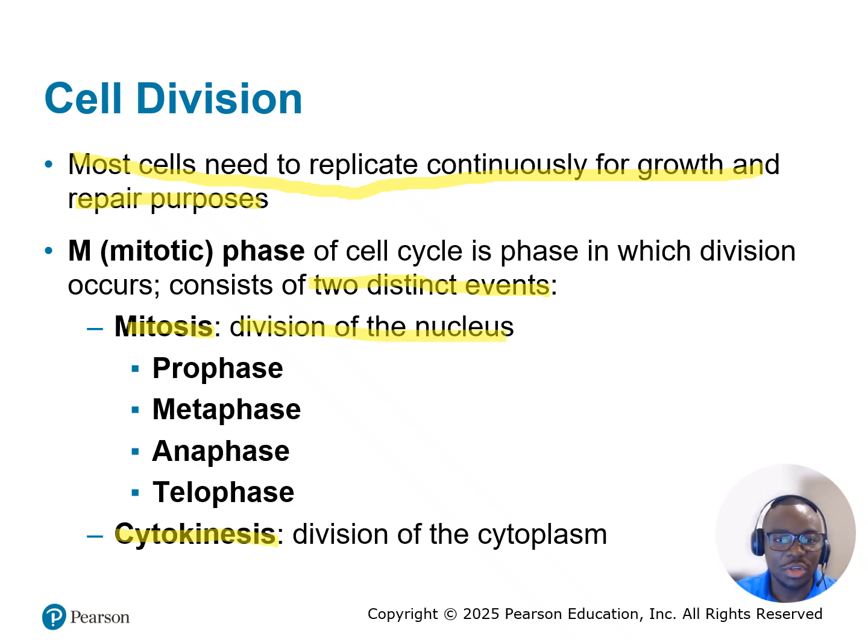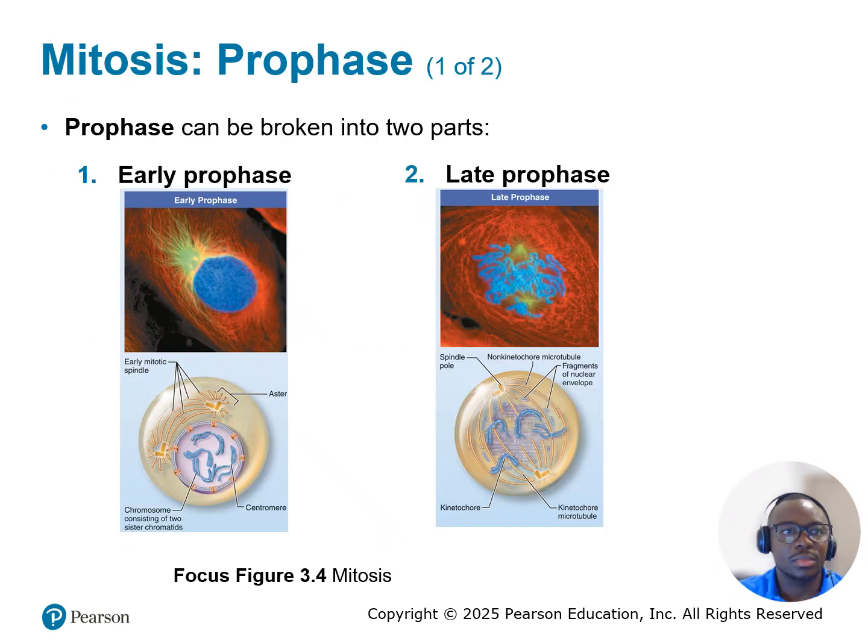Mitosis is division of the nucleus and is subdivided into four phases: prophase, metaphase, anaphase, and telophase. Cytokinesis is division of the cytoplasm. Together, mitosis and cytokinesis produce two identical daughter cells.